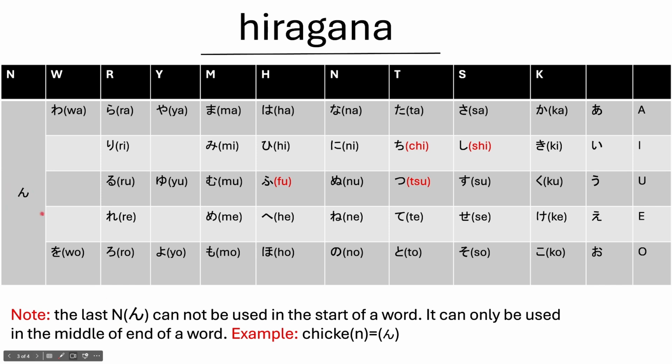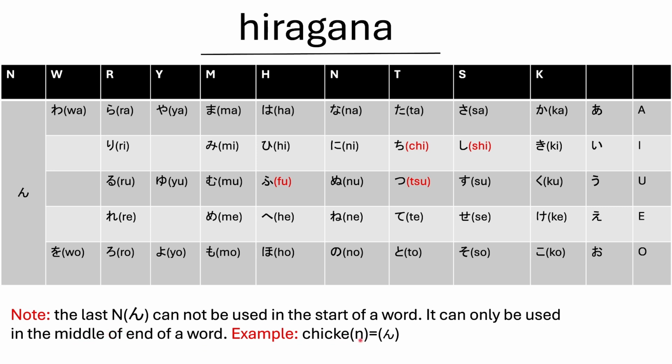The last n, which is this symbol, cannot be used at the start of a word or sentence. It can only be used in the middle or end of the word. I have written it wrong here, but this is a mistake: middle or end of the word.